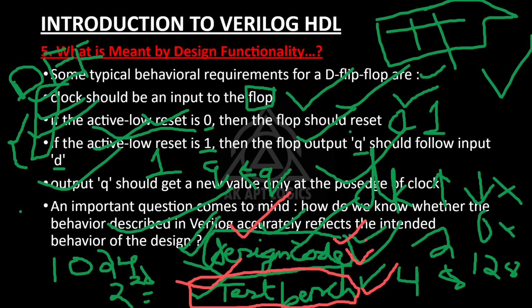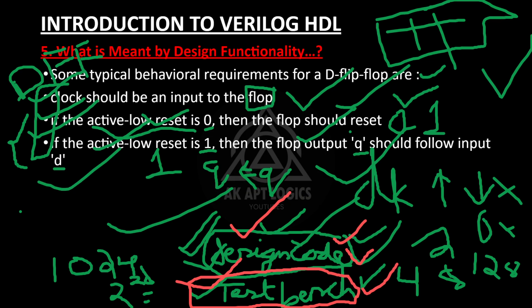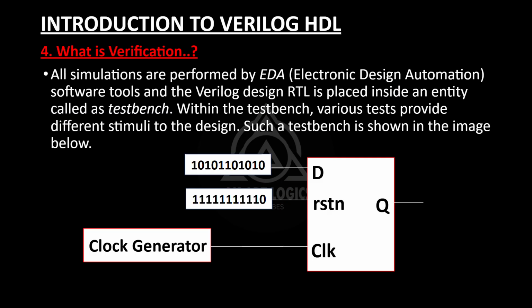While doing that process, we have to verify that design code, so for that verification we have to apply inputs. We should apply more combinations to reduce time and other factors, so we are going to create the test bench.